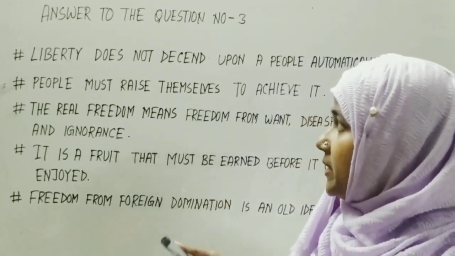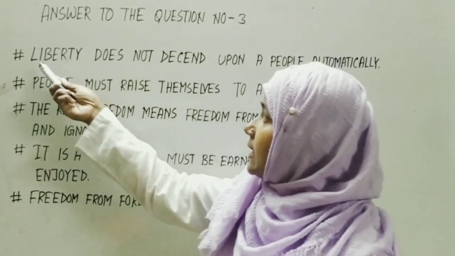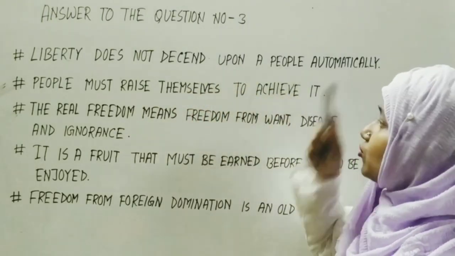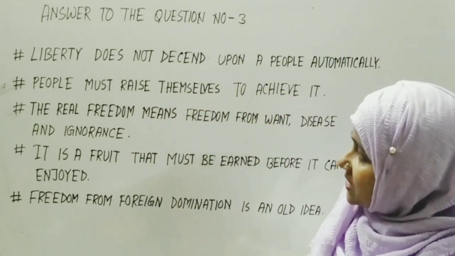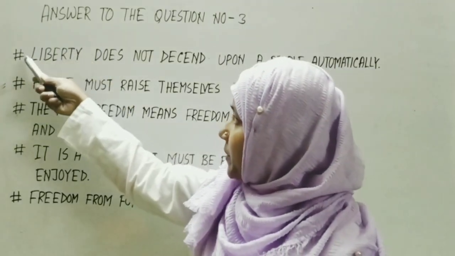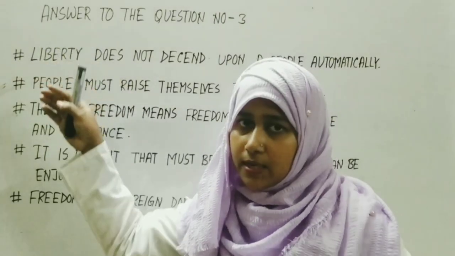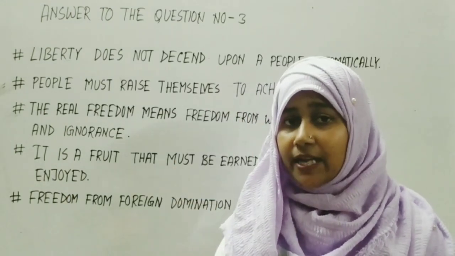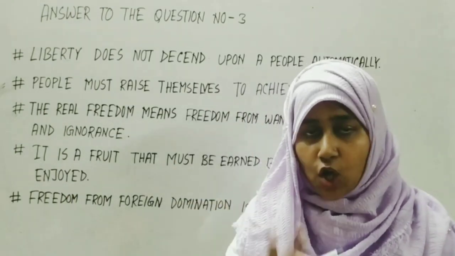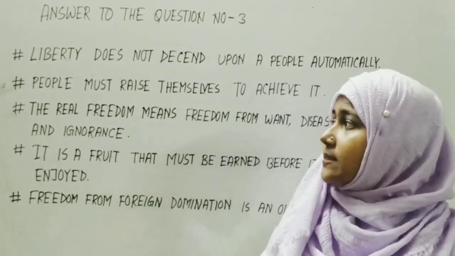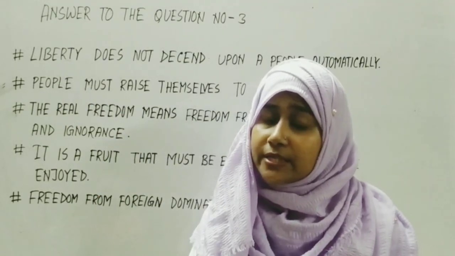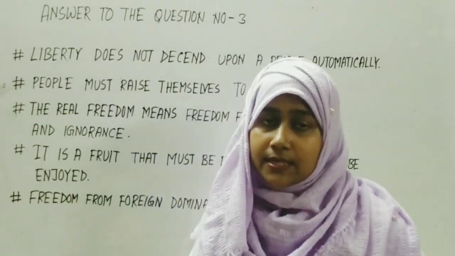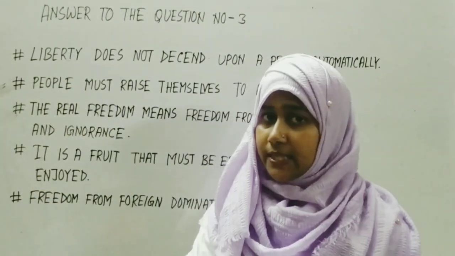Okay, so I have written the first sentence, that is, liberty doesn't descend upon a people automatically. You can ask me why I have written this point, because this is the third option in our table. So you have to at first identify the topic word, and the topic of that table is liberty. For this reason I have written liberty in the beginning of the first sentence.